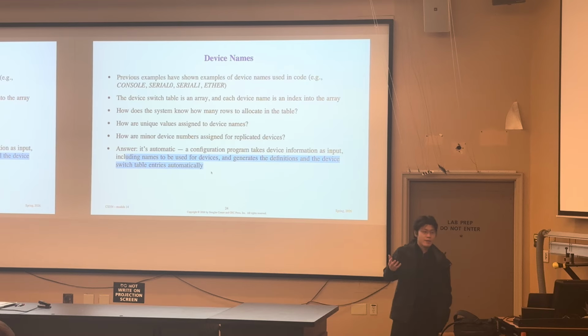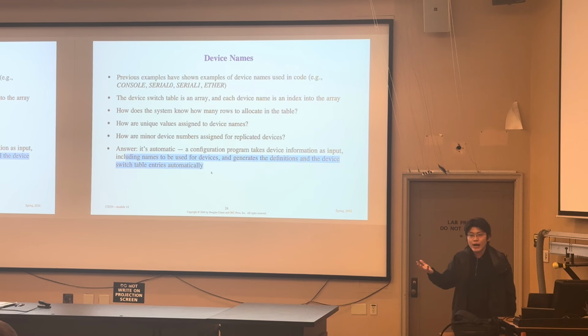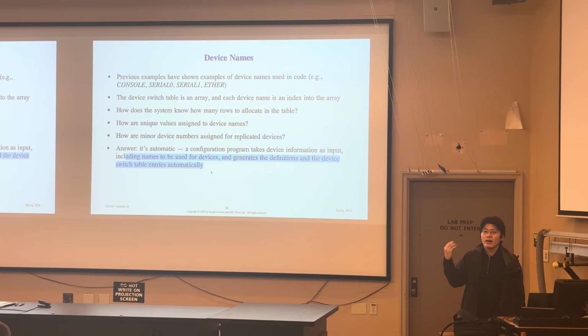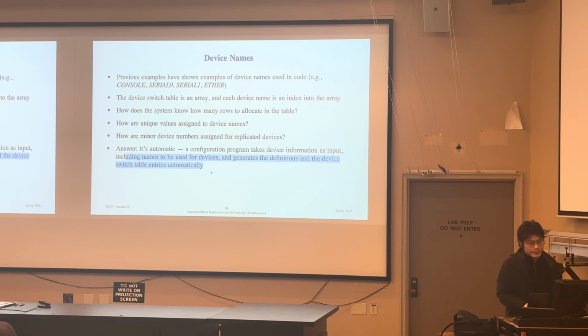I'm not sure how many of you have read the initialization code of Xinu. If you have, you will see that there is a part that performs the initialization of device drivers, of hardware interrupt handlers, and so on. It is done automatically.